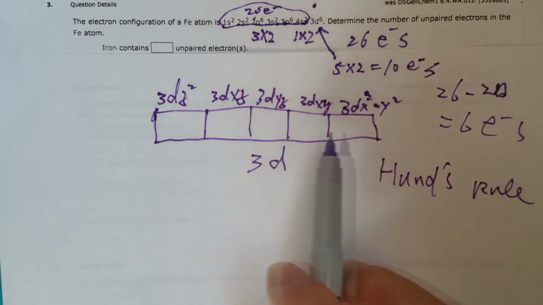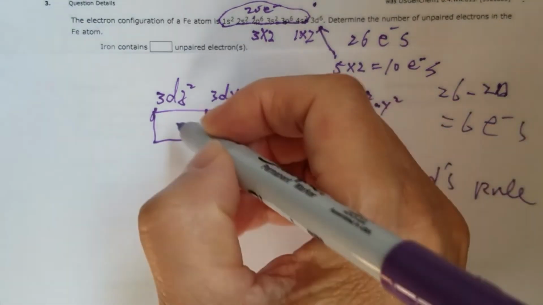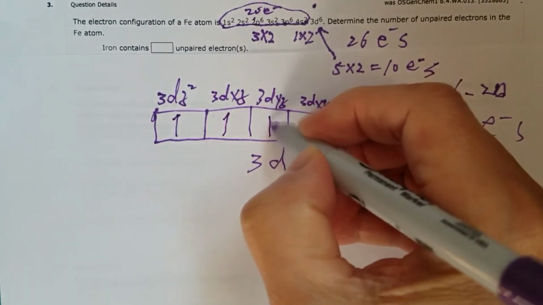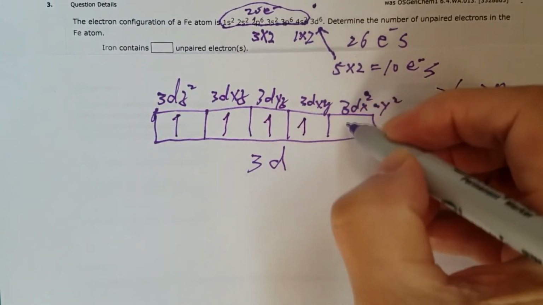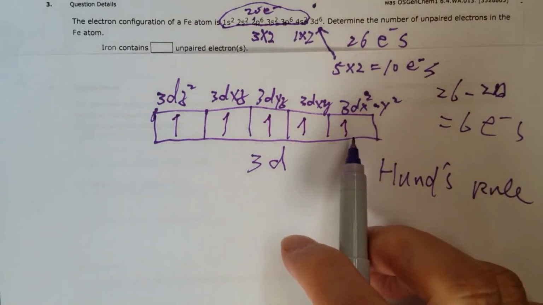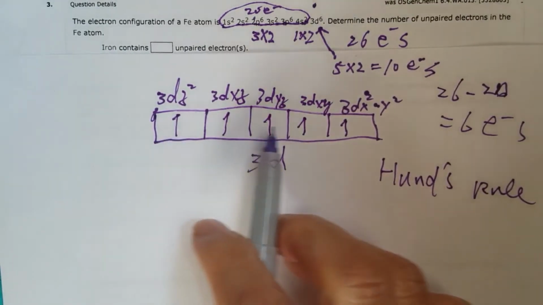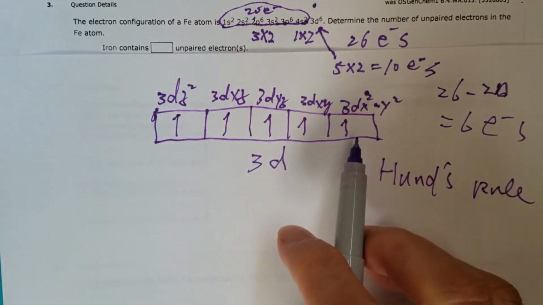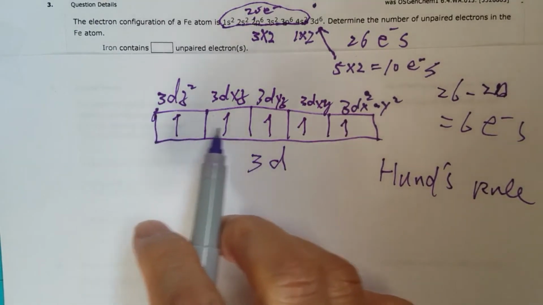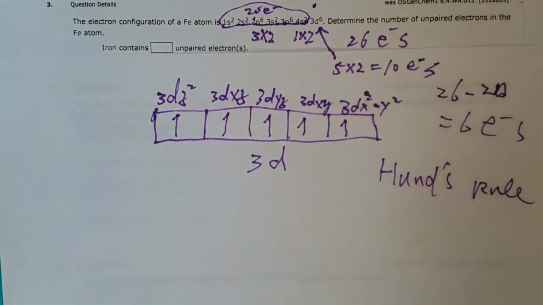So whenever that's the case, Hund's rule tells us they occupy each orbital with a single electron, and all of those electrons should have the same spin. Let's put everything spin up.